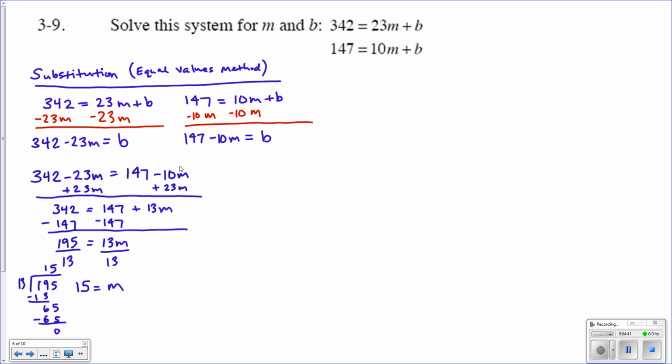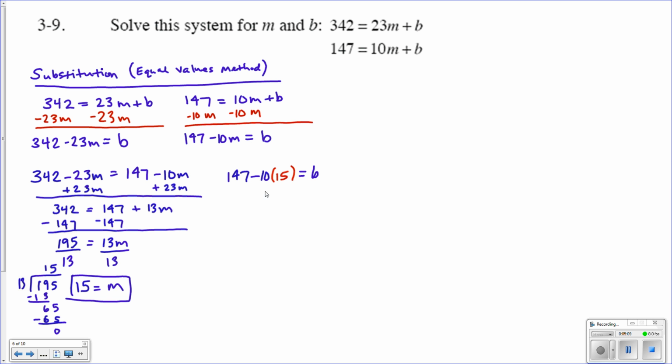Now we need to go back and figure out what b is going to be. So take your value of m here and substitute it in to solve for b. So let's do it right here. Let's say 147 minus 10 times our 15 equals b.